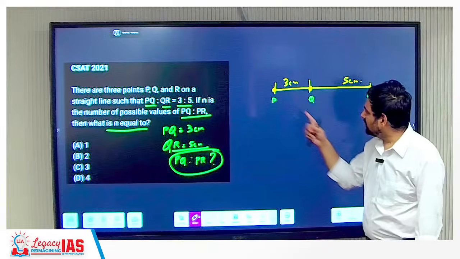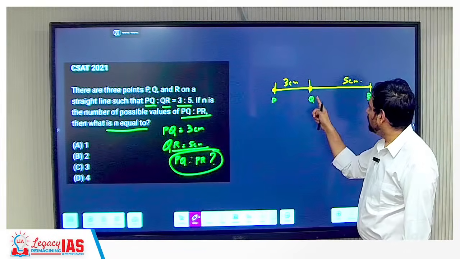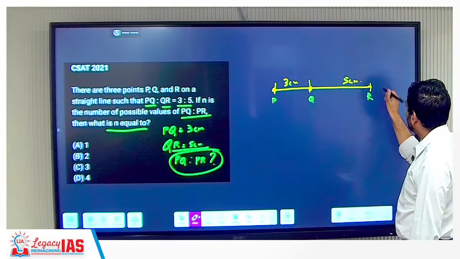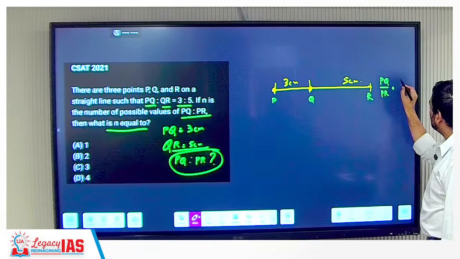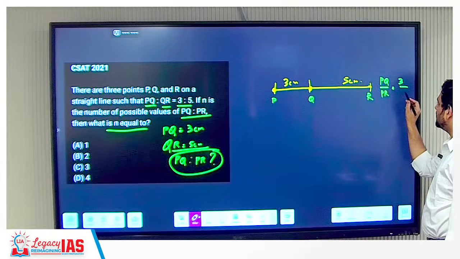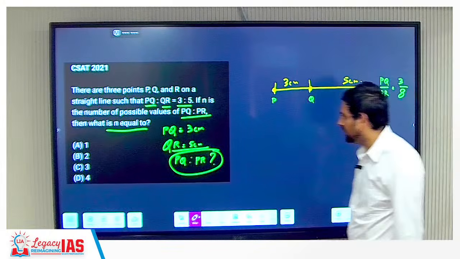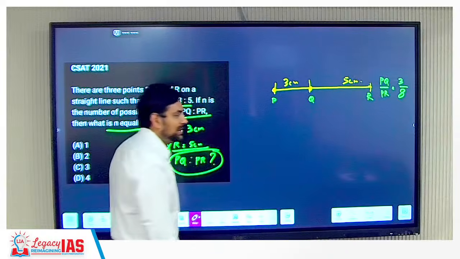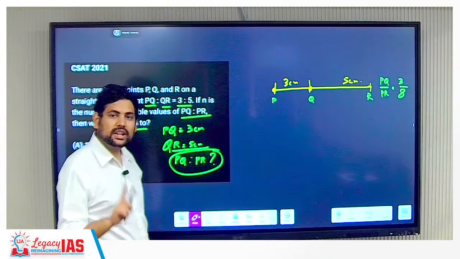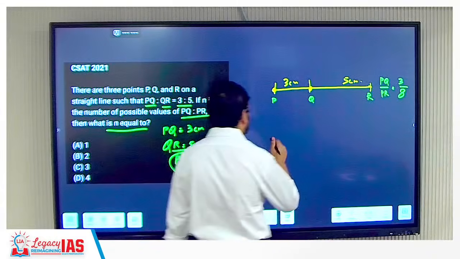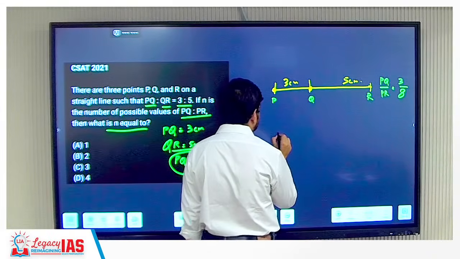Then what is the value of PQ by PR? PQ is 3, PR will be 3 plus 5, that is 8. Correct? Then you have learnt in ranking that there can be an overlapping diagram also. So let me draw an overlapping diagram.